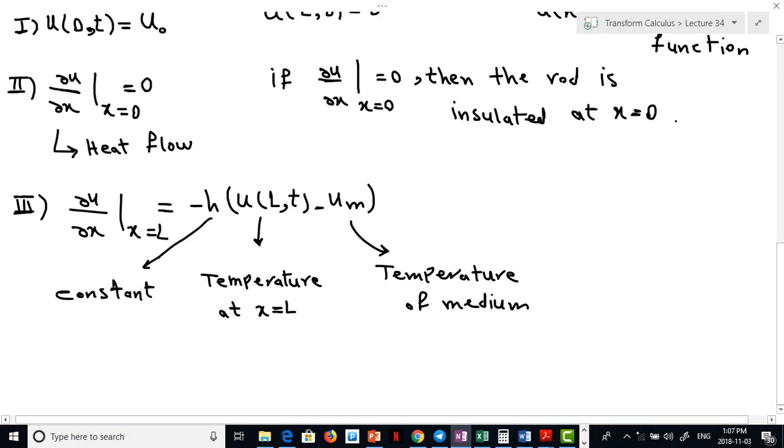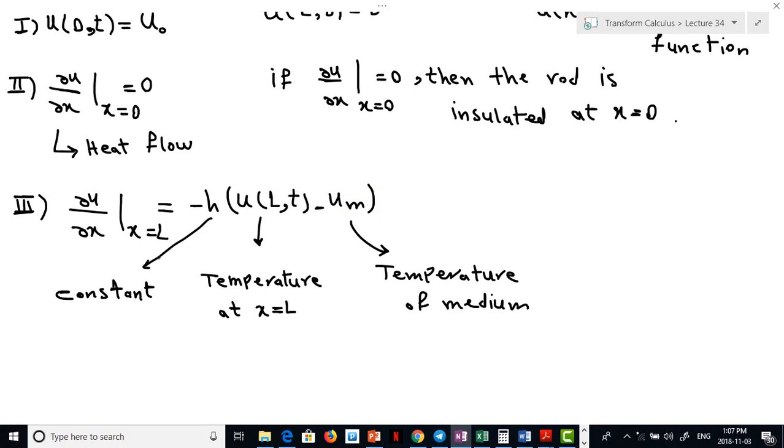So what does this boundary condition say? It says that the heat flow at x equal to L, which is the derivative of u with respect to x at x equal to L, is proportional to the difference of the temperature at x equal to L and the temperature of the medium.